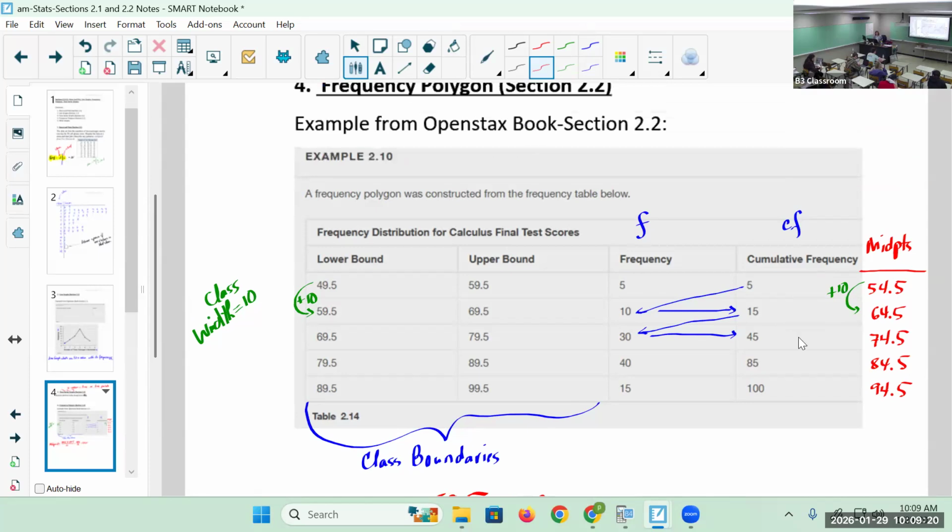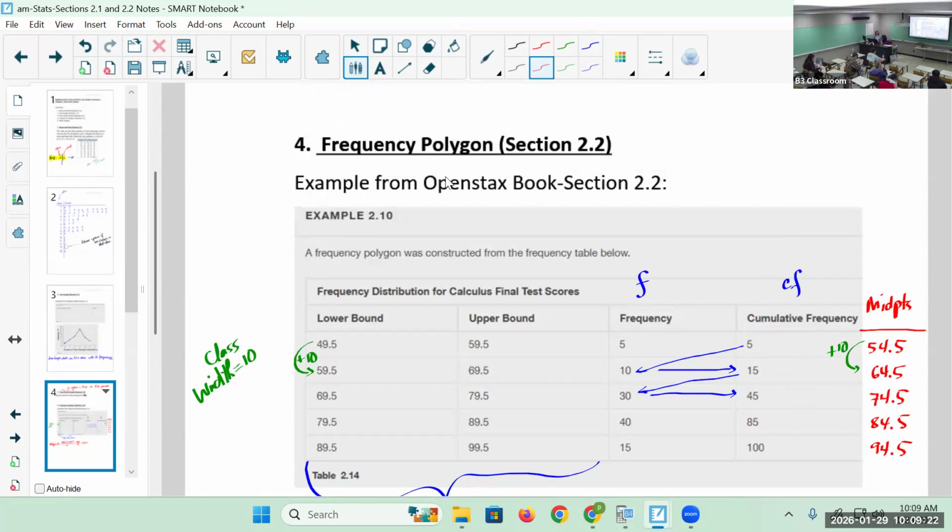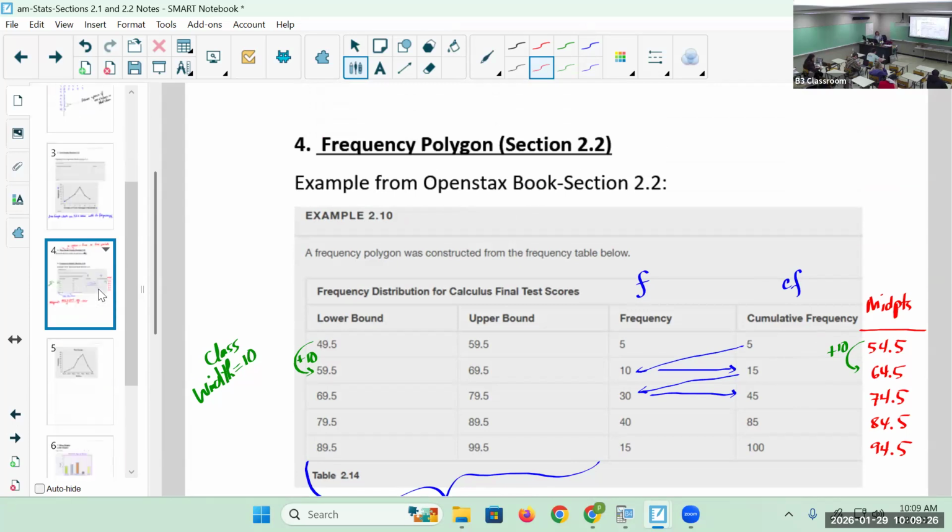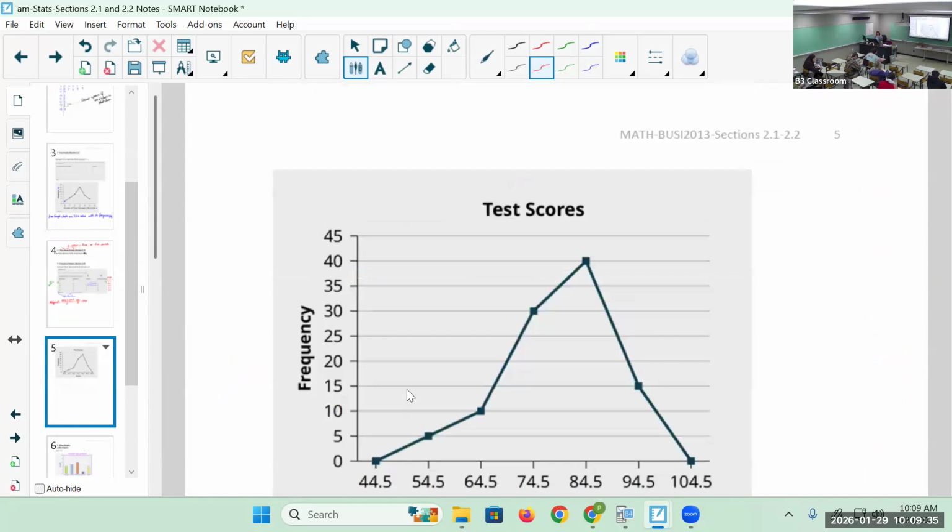So now with this, we're gonna build a frequency polygon, and that's actually very different. You have the graph on the next page, but there are a couple of things that are a bit odd when you look at that graph.